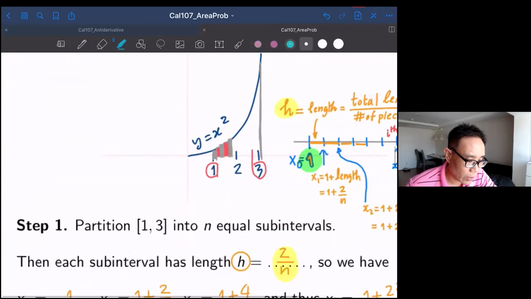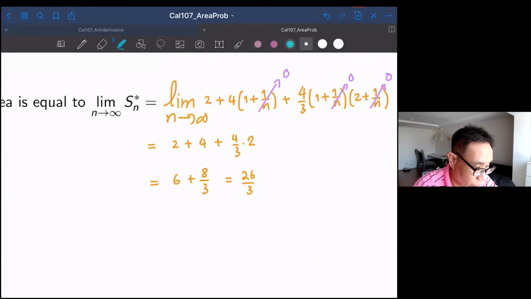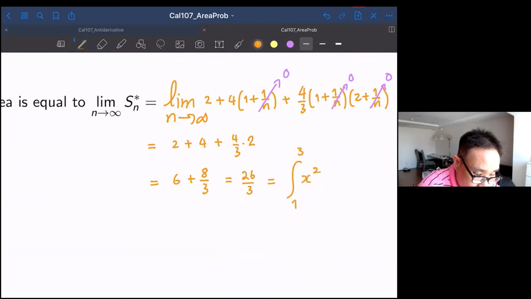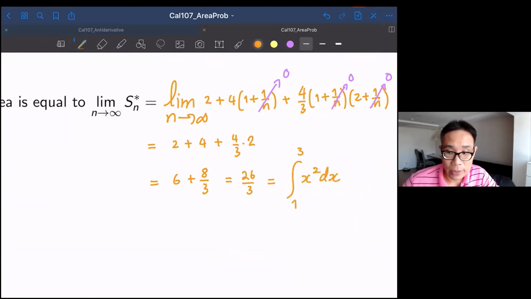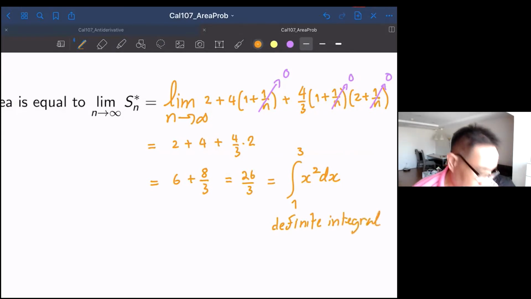So in this case, you have the area equal to 26 over 3, which is equal to the integral from 1 to 3 of x squared dx. That will be the notation in terms of the definite integral. So this is called the definite integral.